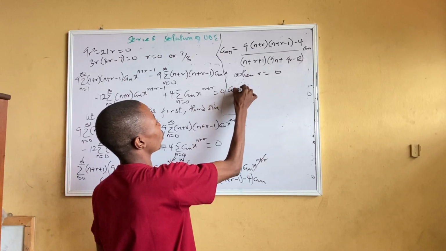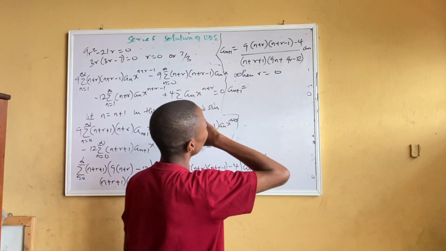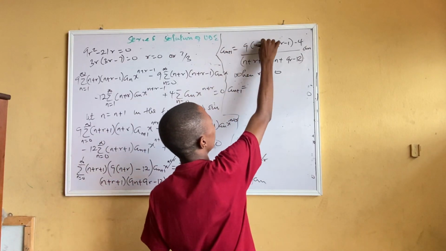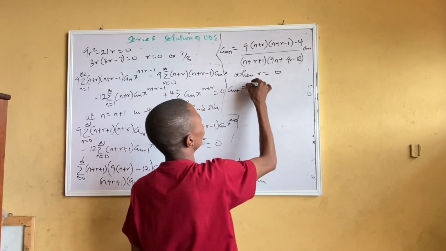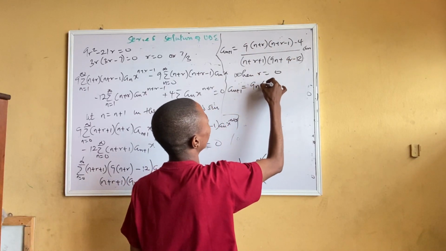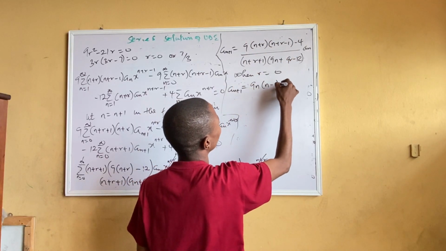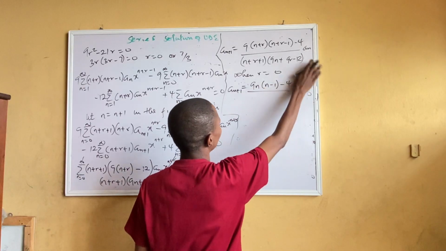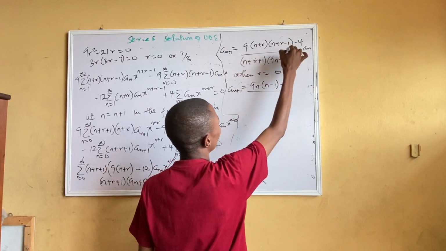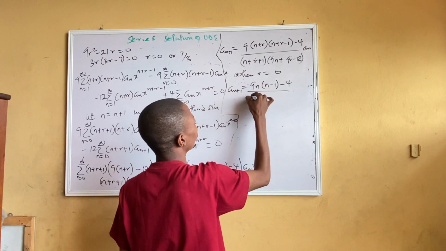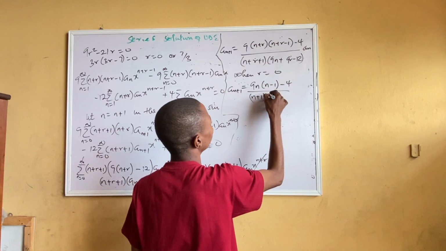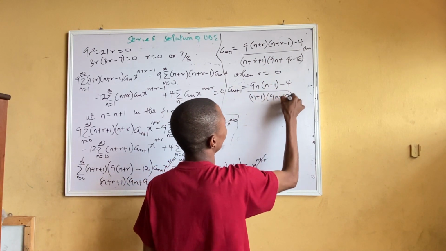We are going to have a_{n+1}. Anywhere we see r, put 0. So this will be 9(n-1) minus 4 all over (n+1)(9n-12) of a_n.